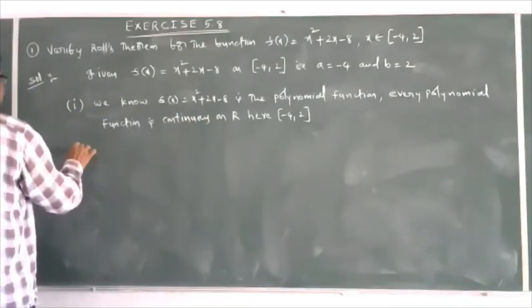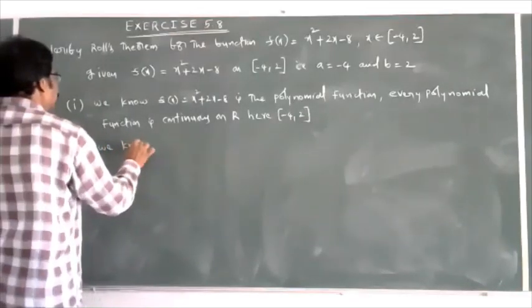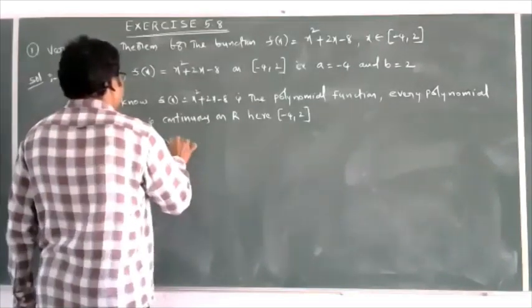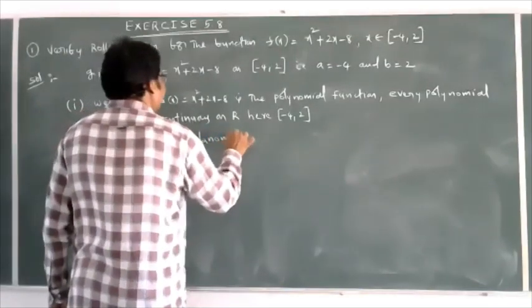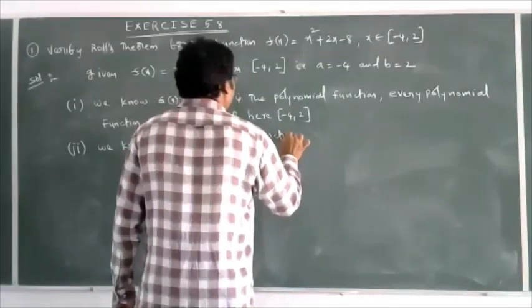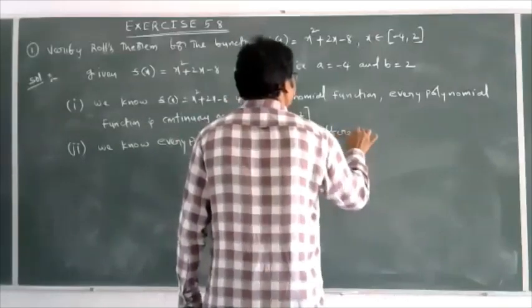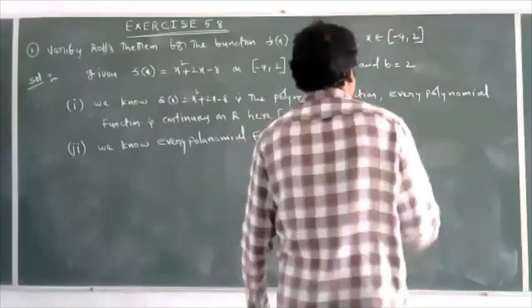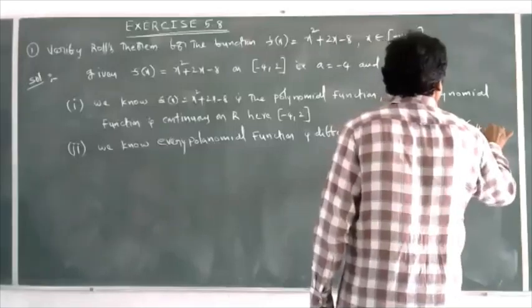And the second point. We know every polynomial function is differentiable on R. Here, open minus 4 comma 2.